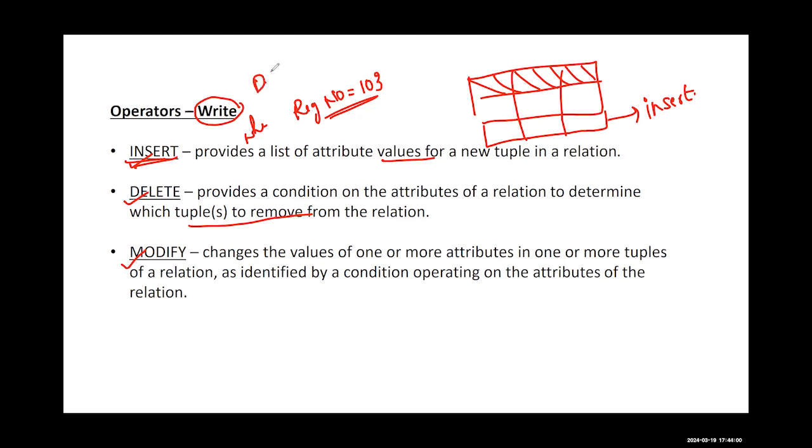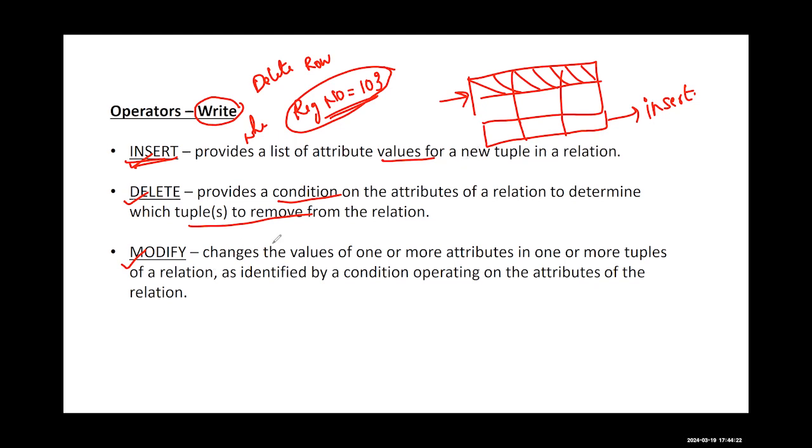That is, delete the row from the student relation whose register number is 103. That is the meaning of this statement. So it provides a condition. What is the condition here? The register number should be 103. If it is matching, then I'm going to delete that particular row. That is your delete operator.